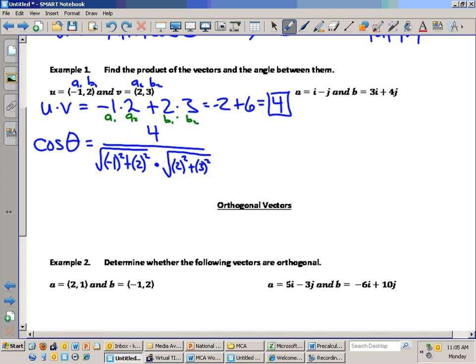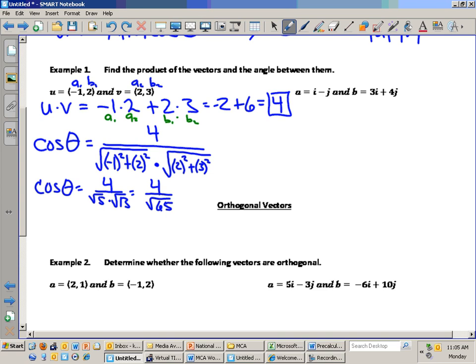So I want to find the angle between them. So cosine of theta is equal to that. So you get cosine of theta is equal to 4 over the square root of 5 times the square root of 13, which is equal to 4 over the square root of 65. So if the cosine of theta is equal to 4 over the square root of 65, how do you figure out theta?